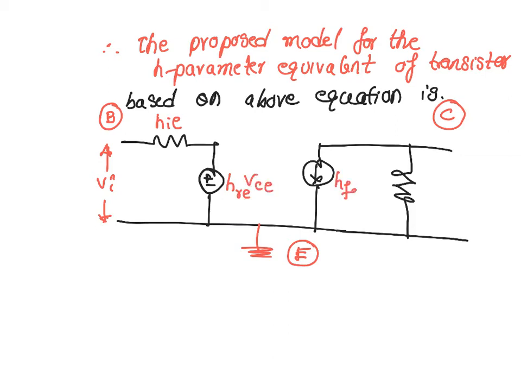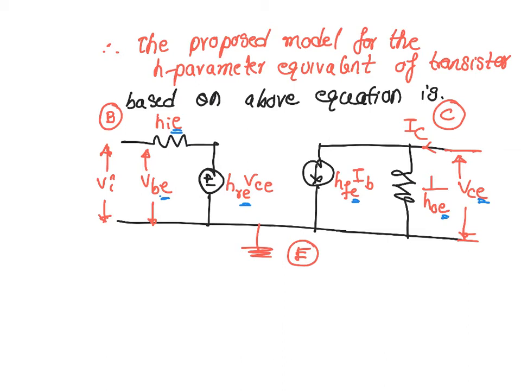This one is HFE into IB, and this one will be 1 by HOE, and the output current will be IC, and this one will be VCE. Because I am considering common emitter configuration in the given amplifier, the subscript E is written for all the parameters.